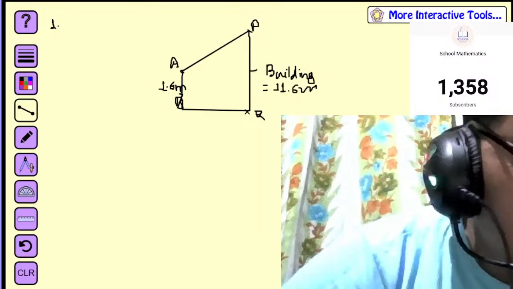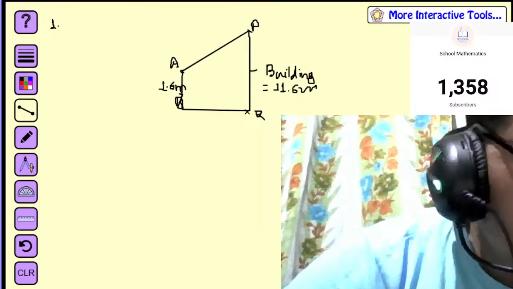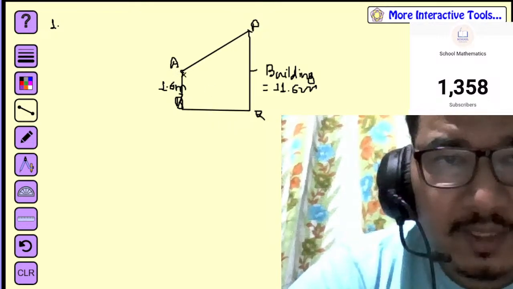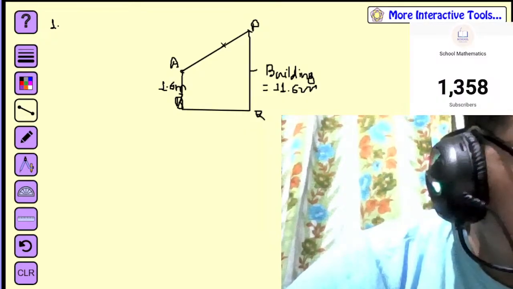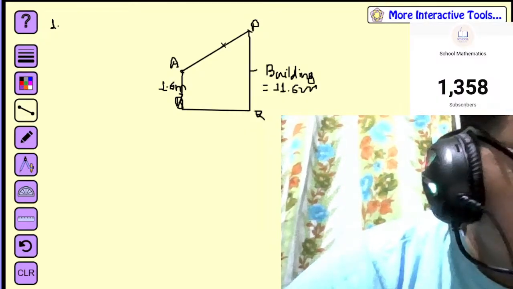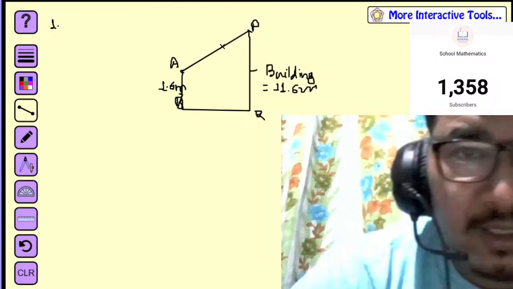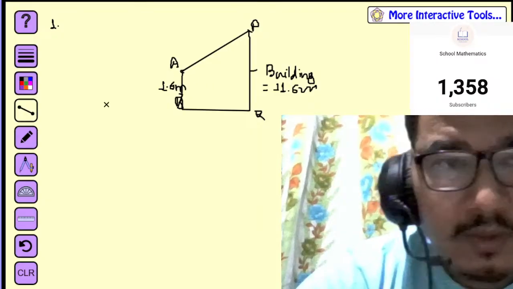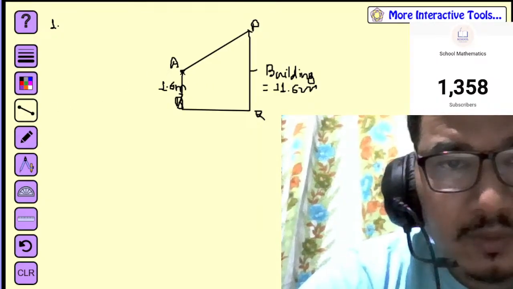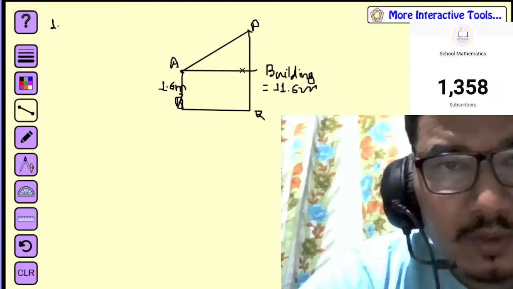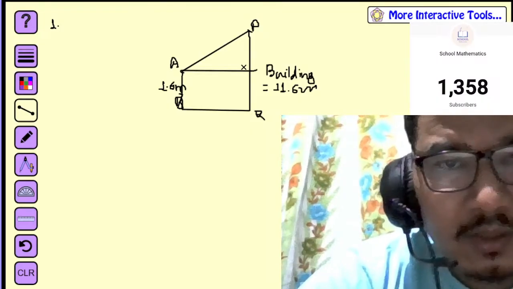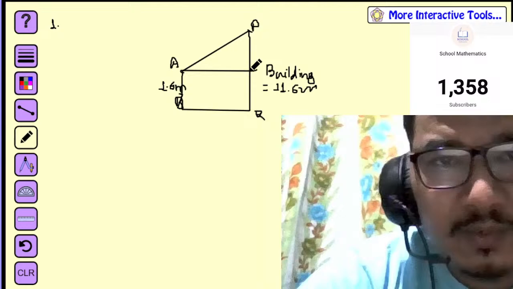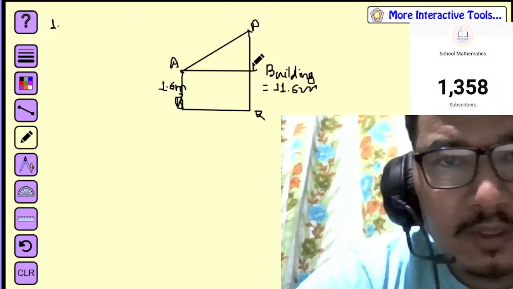And the question is asking what is the name of the angle formed by the line of sight AP with the horizontal line AR. Look here, I am joining this A to R. This point name is given there.